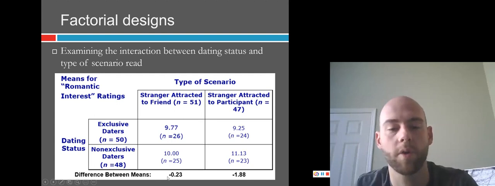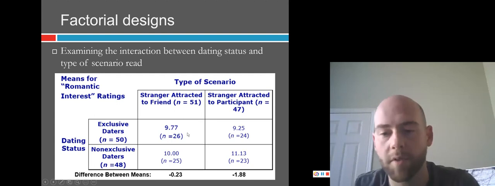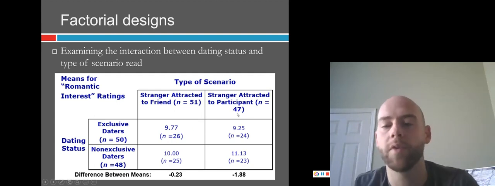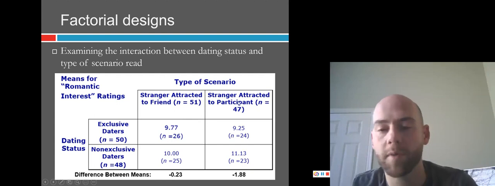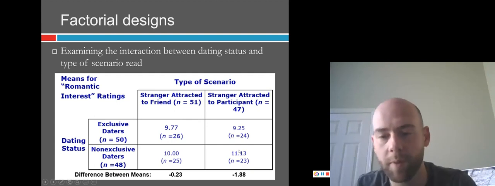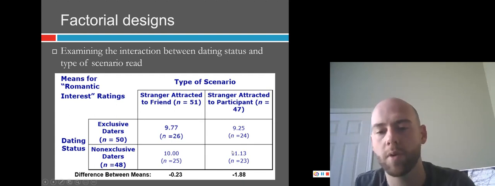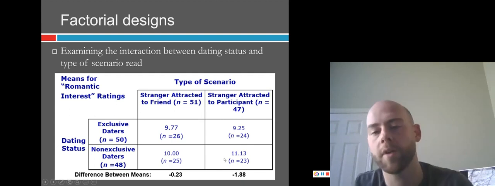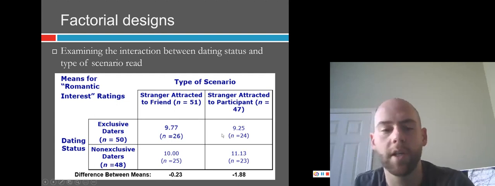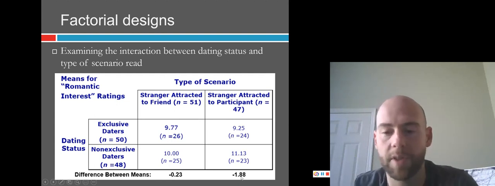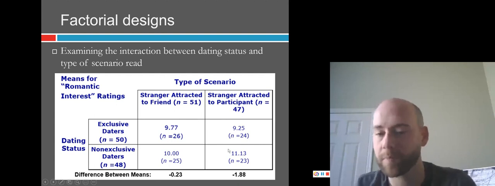It's less than 1/4 of a point on the scale, not that big of a change. But if you look at when the stranger is attracted to the participant, then dating status makes a pretty big difference. Non-exclusive daters are much more likely to have romantic interest in that hypothetical stranger than people that are in a committed relationship. There's a difference of almost 2 points on that scale.